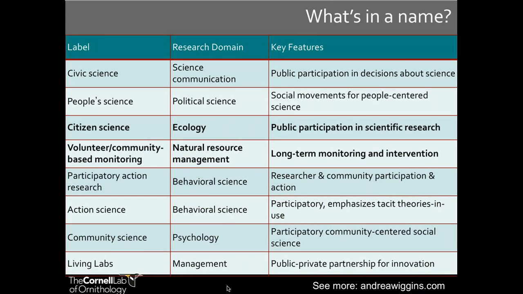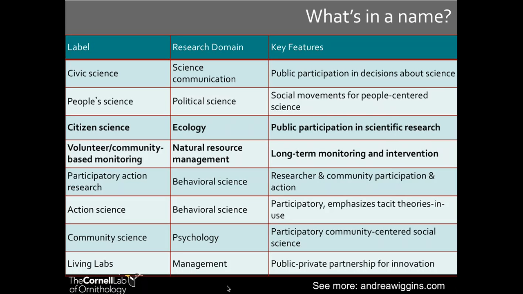So Julie had asked me to describe some different ways that citizen science is examined or studied. This is a table that Andrea Wiggins provided. I thought it was useful just to see the great diversity in the kinds of things that are very similar to citizen science.